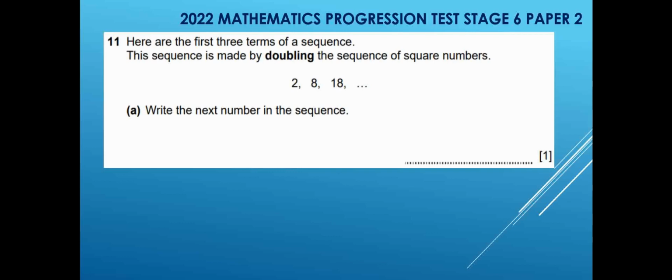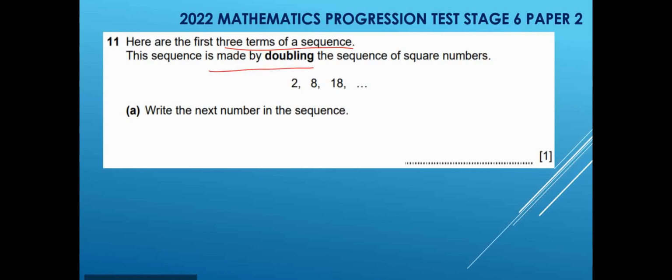Here we go. This is question 11. Have you finished and got the answer? So let's reveal the answer. It's 32. The information given is clear. The first three terms of a sequence.